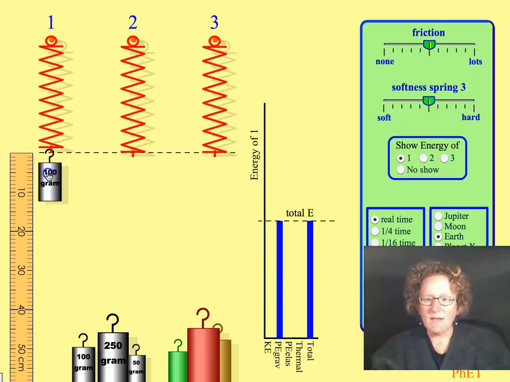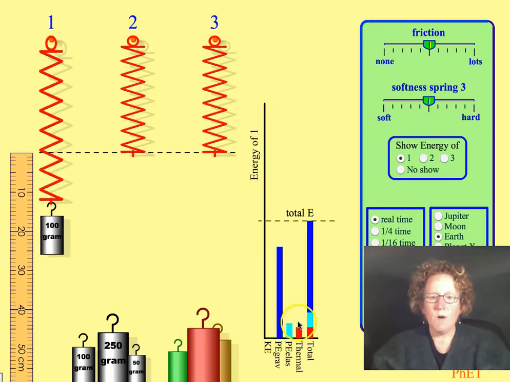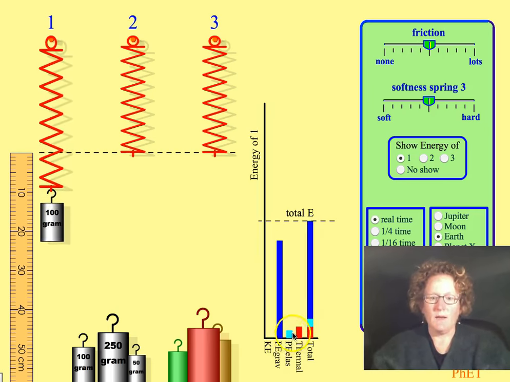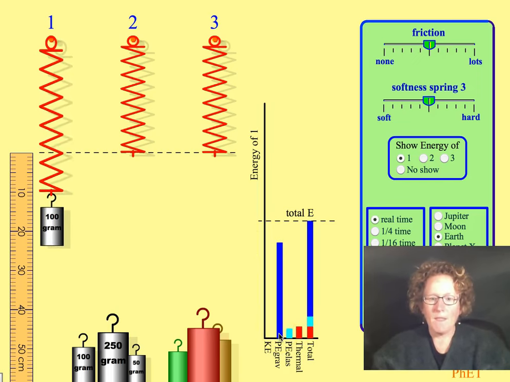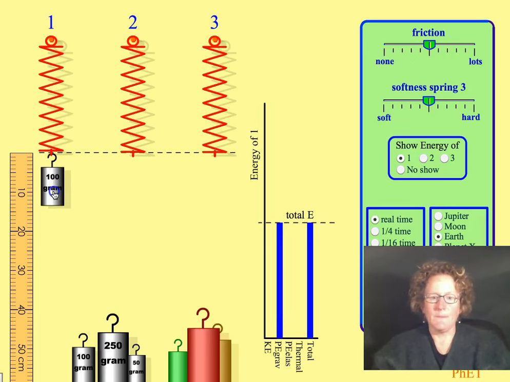It doesn't have any elastic energy because we haven't pulled the spring out yet. So we can watch the kinetic, the potential elastic, and the potential gravity to figure out when there's zero elastic potential. We'll just give you a hint here.